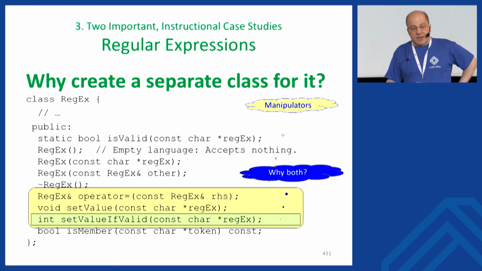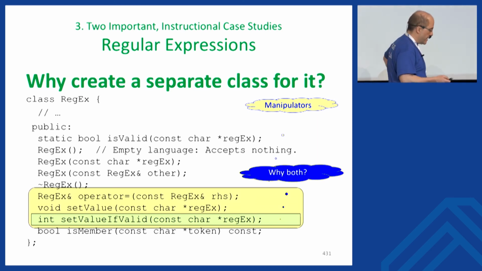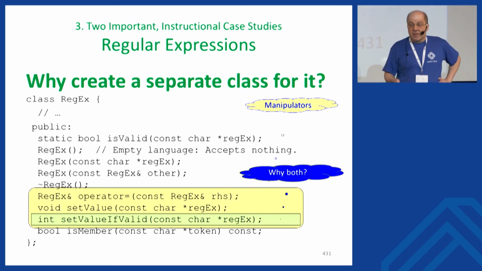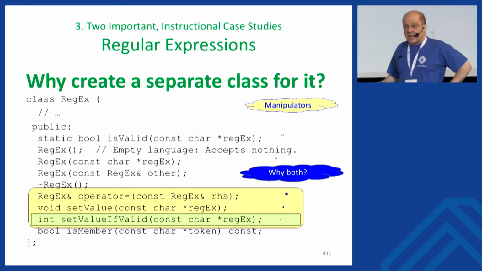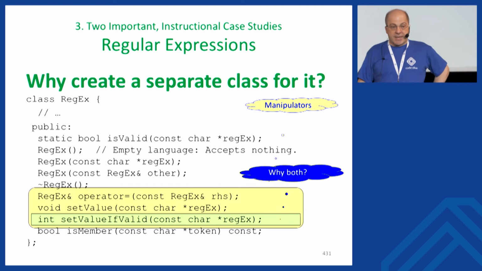You don't need to do that for simple things. If you have a single scalar, if you have a range, it's not important. But if you have something like a date and you supply year, month, day, there are times when you don't know if year, month, day is a valid date, and you want to be able to assign it only if it's valid. You want to check status.